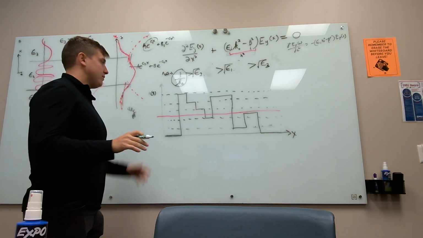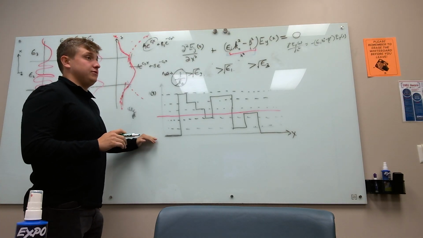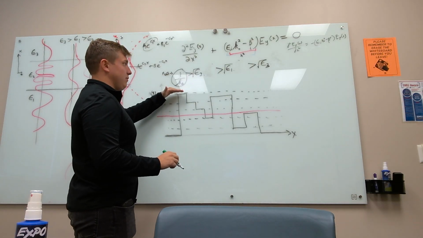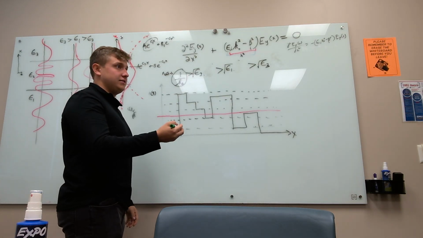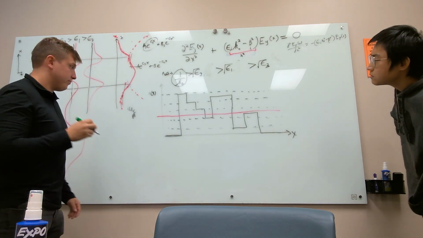Anything above the effective index is going to be oscillatory, anything below is going to be exponential. And obviously, the further above the index it is, the more times it oscillates. So first let's identify the exponential and oscillatory regions.